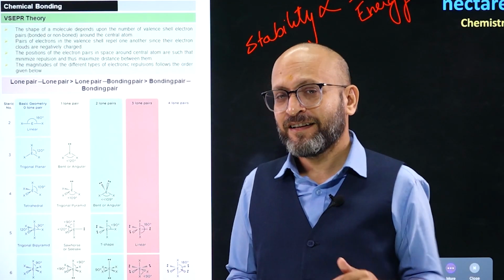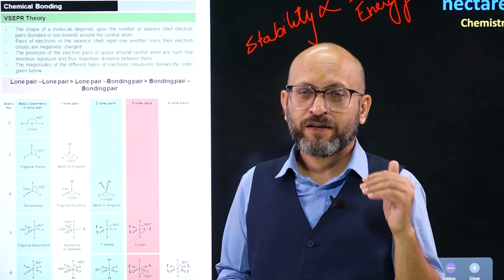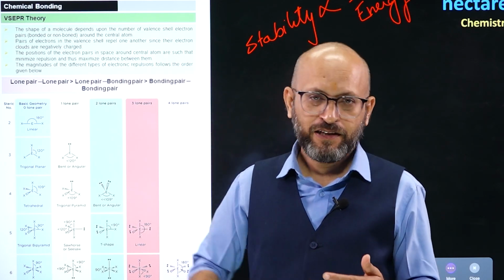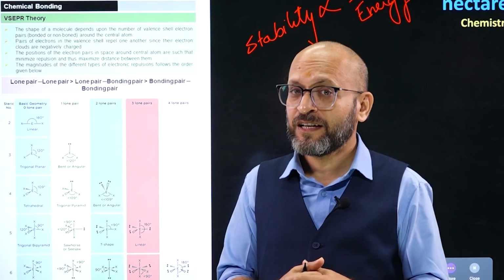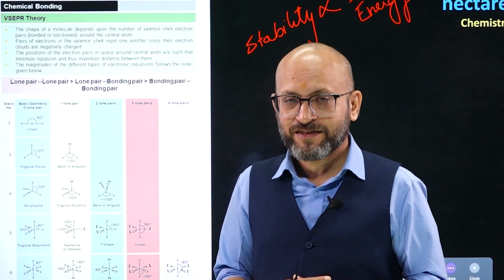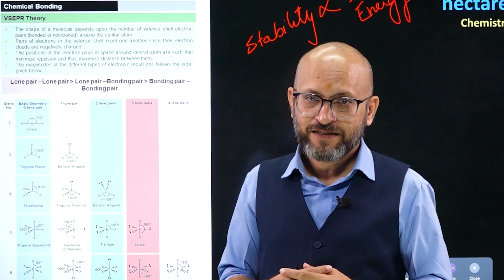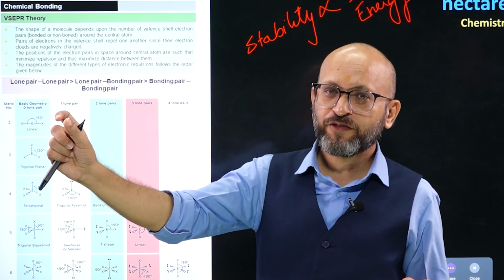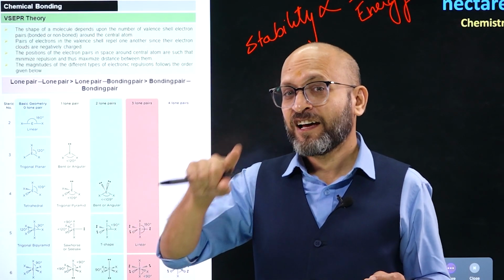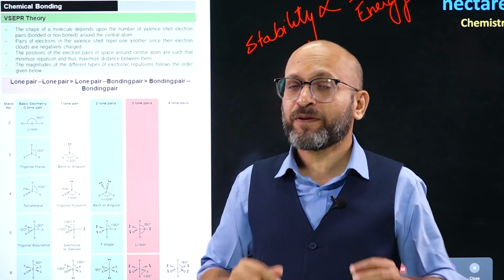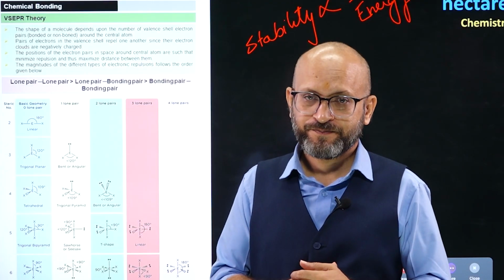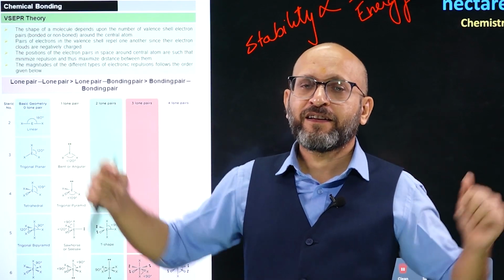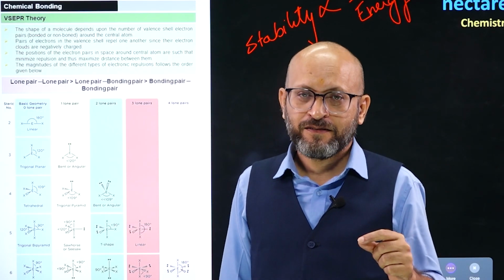Secondly, you have lone pair and bond pair repulsion, because both are electrons. In a lone pair you have two electrons, and in a bond pair you have two electrons. They repel because they have the same charge, right? So maximum repulsion is between lone pairs. Next is lone pair and bond pair, and the minimum repulsion is between bond pairs, right? So we will try to keep lone pairs far apart.